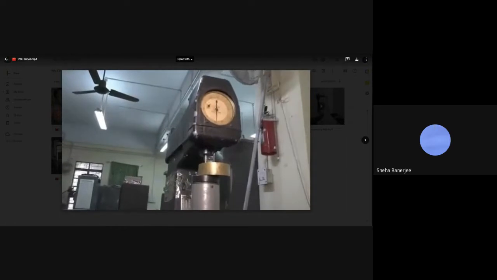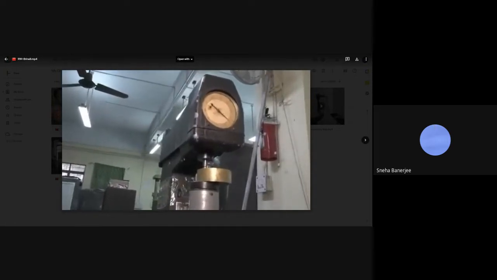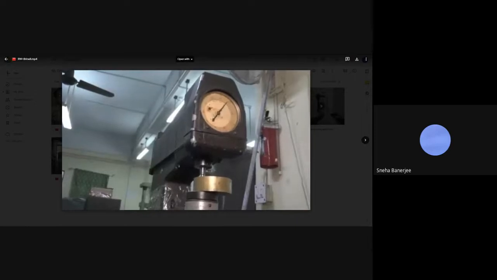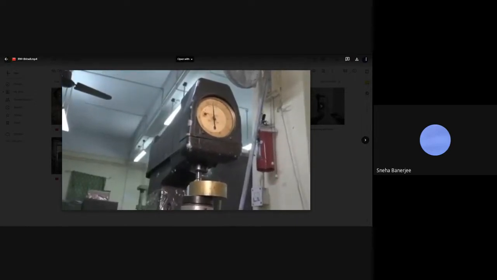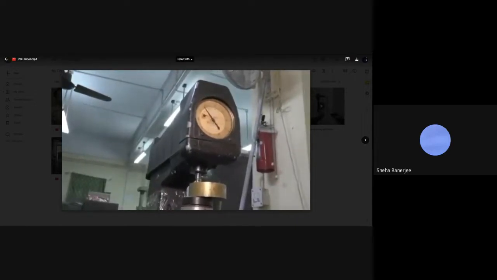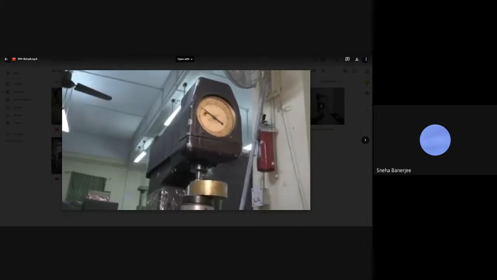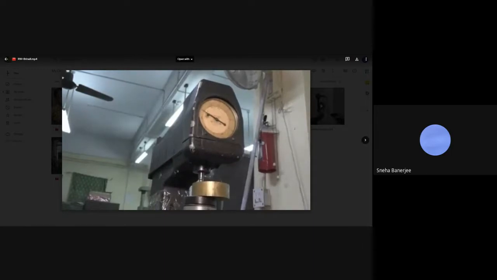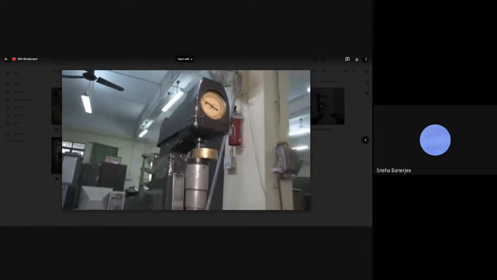The rotation of the dial gauge. As this particular material is comparatively softer, you can see that there is a longer time through which that rotation, the deformation, is taking place, and definitely the amount of deformation is more. The depth of penetration is definitely more. We will check that later.